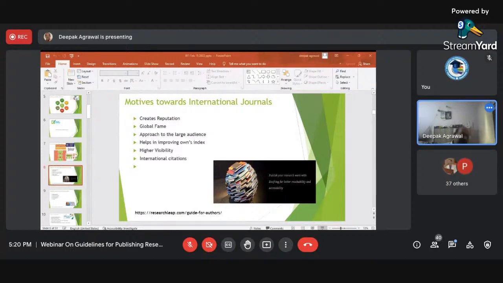Second, why do we need to publish our papers in national journals? The basic advantage, the first one, is the language. We are very comfortable in our own regional language. English is the most common language used throughout the world, but being an Indian, particularly belonging to the Hindi belt, we may not be so comfortable in developing the paper in English.